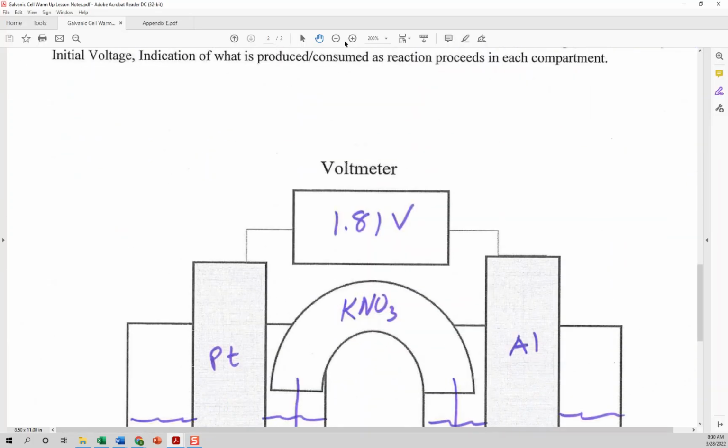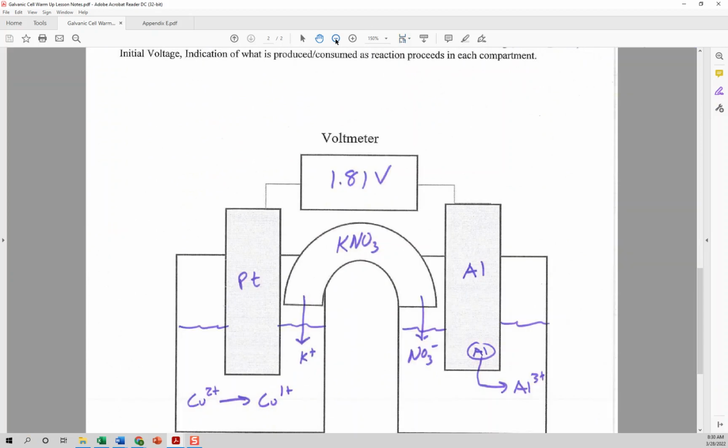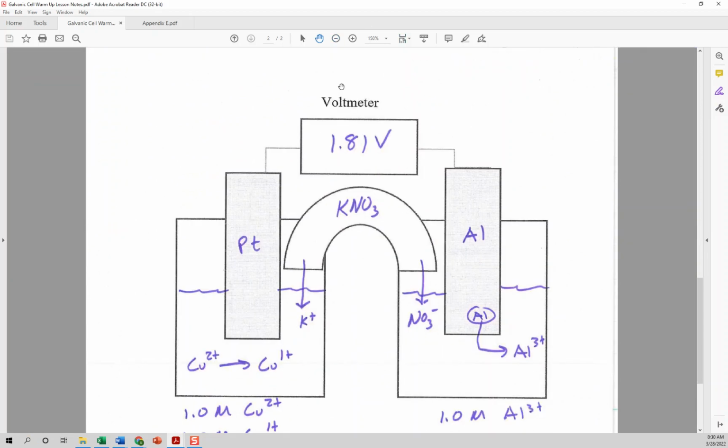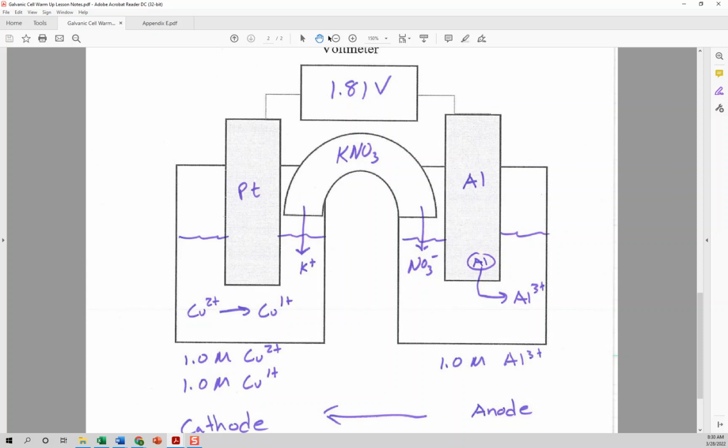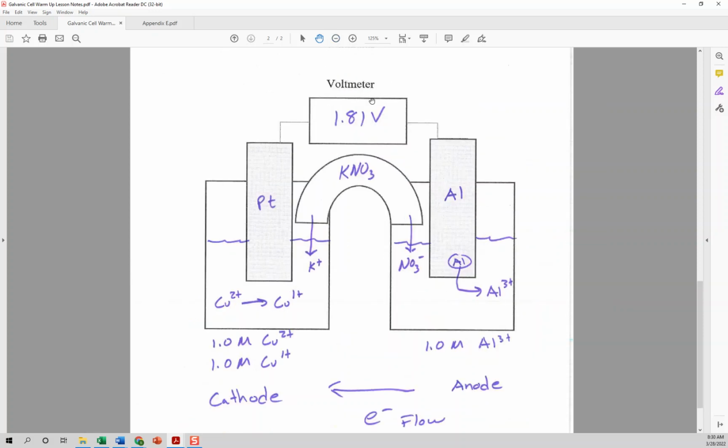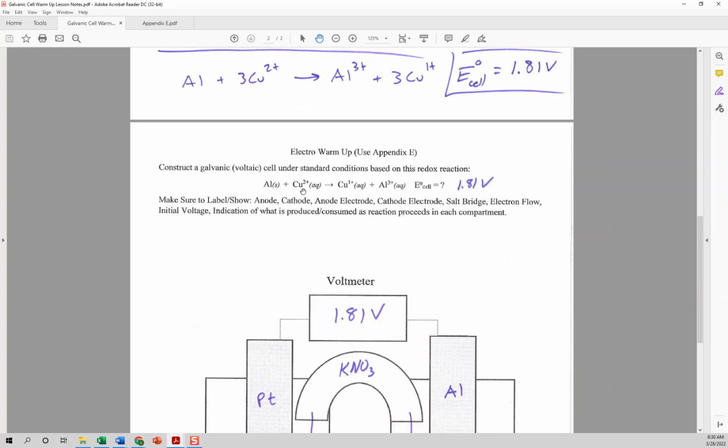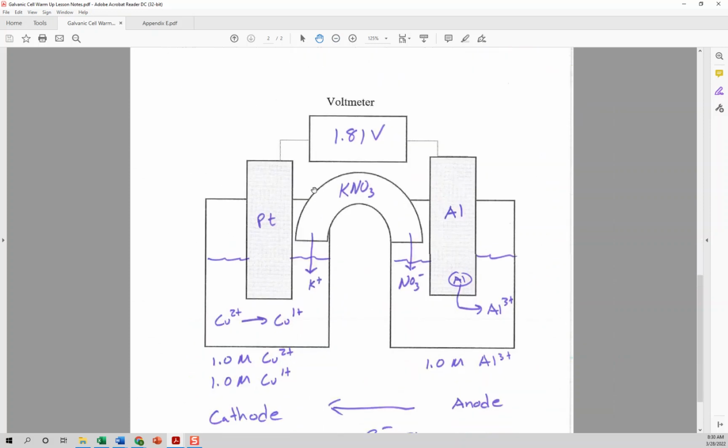So you have your choice on what you want to do if you had to set up an entire thing. But let me show you all the things you would have to show in your galvanic cell. So remember, this is the oxidation reduction reaction, okay? So I'm gonna make this side my anode. So remember, anode is where oxidation occurs.